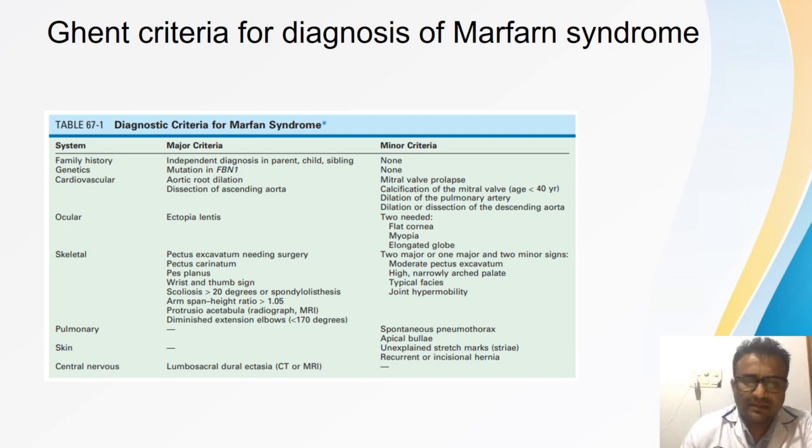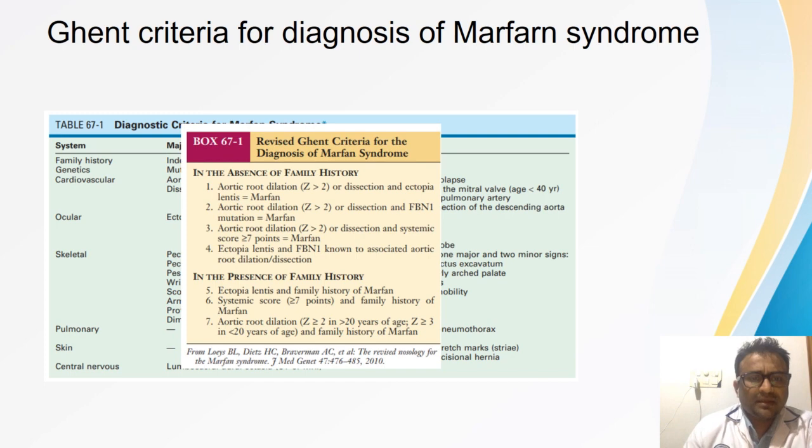Now, the modified or revised Ghent criteria for diagnosis of Marfan syndrome include aortic root dilatation. It is the most common presentation of Marfan syndrome. That is why it is included in the revised criteria.